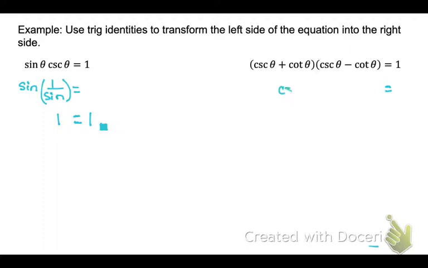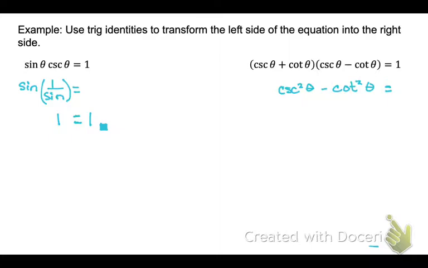So I have cosecant squared theta minus cotangent squared theta. If you need to actually show all your math for yourself, you need to do it off to the side, not in your proof. Okay, so in your brain, you should be going Pythagorean, Pythagorean, Pythagorean. Why should those alarms be going off?